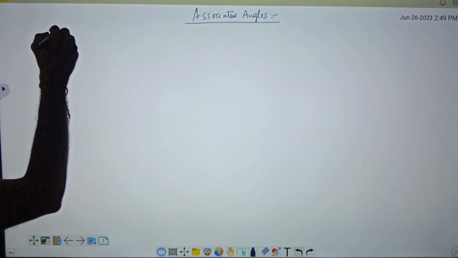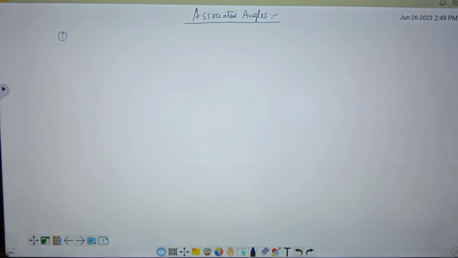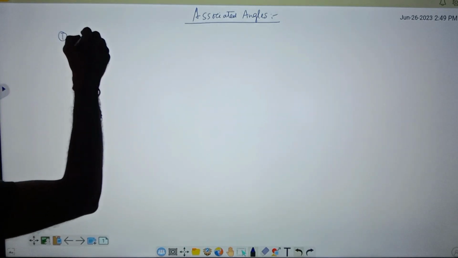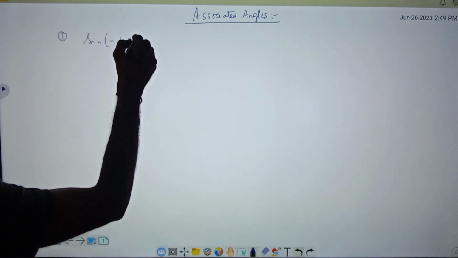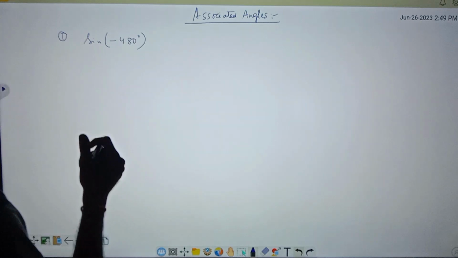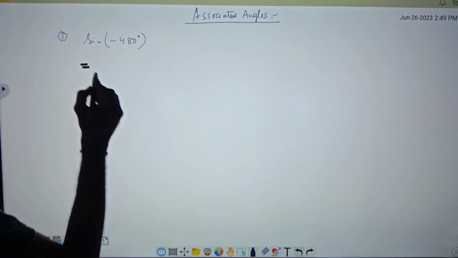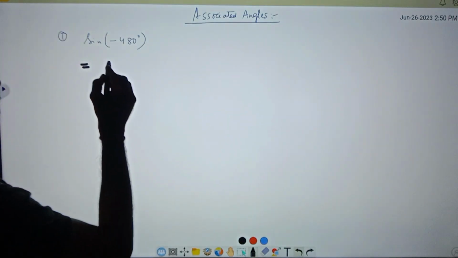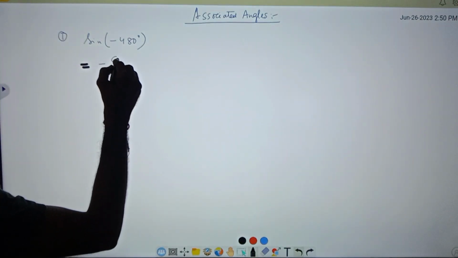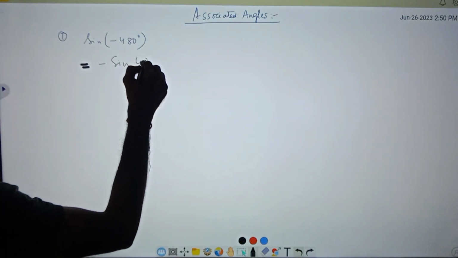The first problem is to find the value of sine of minus 480 degree. You know that sine of minus 480 degree will be minus of sine 480 degree.